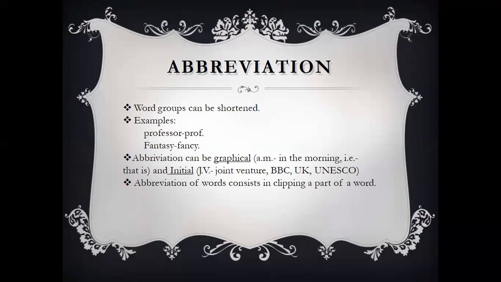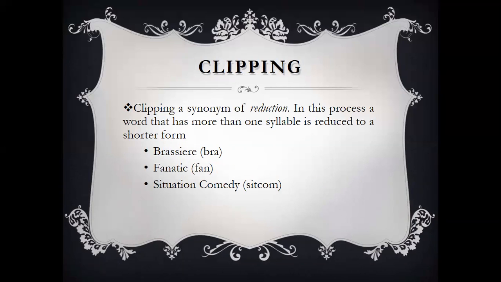Examples of abbreviation are professor, prof, fantasy, fancy, and BBC, UK, ASAP, FAQ, USA, and so on. Abbreviation of words consists in clipping a part of a word. And what is clipping? Clipping is a synonym of reduction, a process by which a word that has more than one syllable is reduced to a shorter form. For example, fanatic is fan, situation comedy is sitcom.